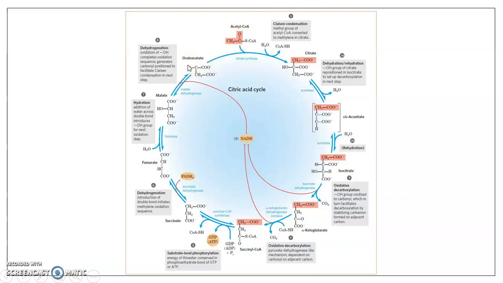To be specific, during this reaction the acetyl group of acetyl coenzyme A condenses with the carbonyl group of oxaloacetic acid to produce citronyl coenzyme A, which is an intermediate that readily undergoes hydrolysis. You can see water is added, which readily undergoes hydrolysis to produce citric acid and coenzyme A.